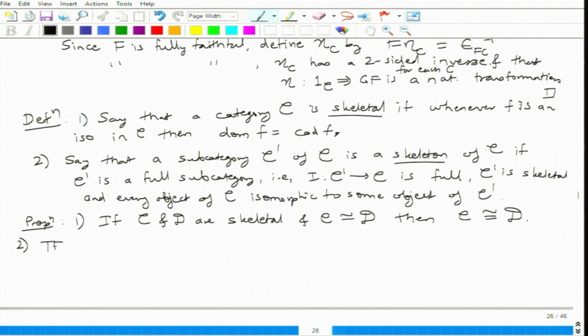And the following are equivalent. There are a few properties. This is one: the axiom of choice is equivalent to the fact that each small category has a skeleton.